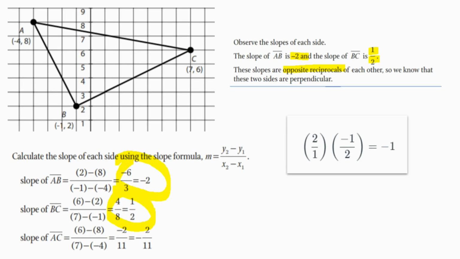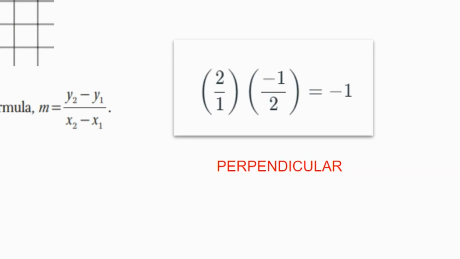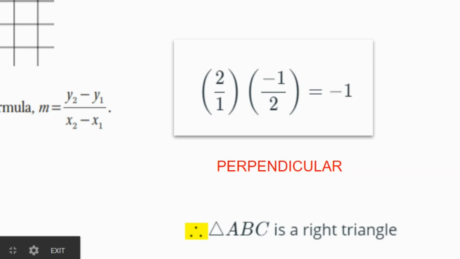In other words, when I multiply both of these slopes together, I get negative 1. Now I can say for sure that those two line segments are perpendicular, and therefore, I don't know if you've ever seen this symbol before, therefore is the 3 dots, triangle ABC is a right triangle.